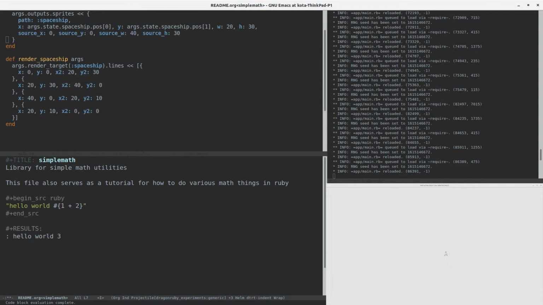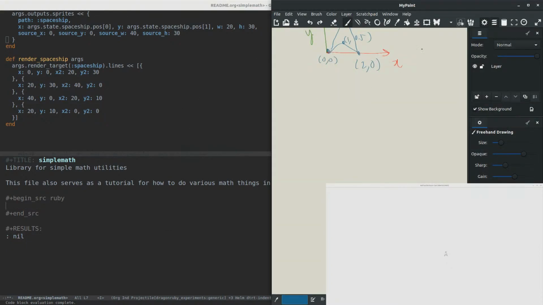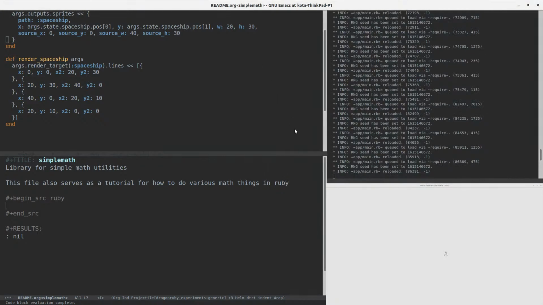We can also do outputs and things like that, and it also has fancy rendering for arrays. Yeah, it's all Emacs. We're going to be running entirely 100% Emacs here, except for this thing, MS Paint, which is fantastic, by the way, if you haven't used it.